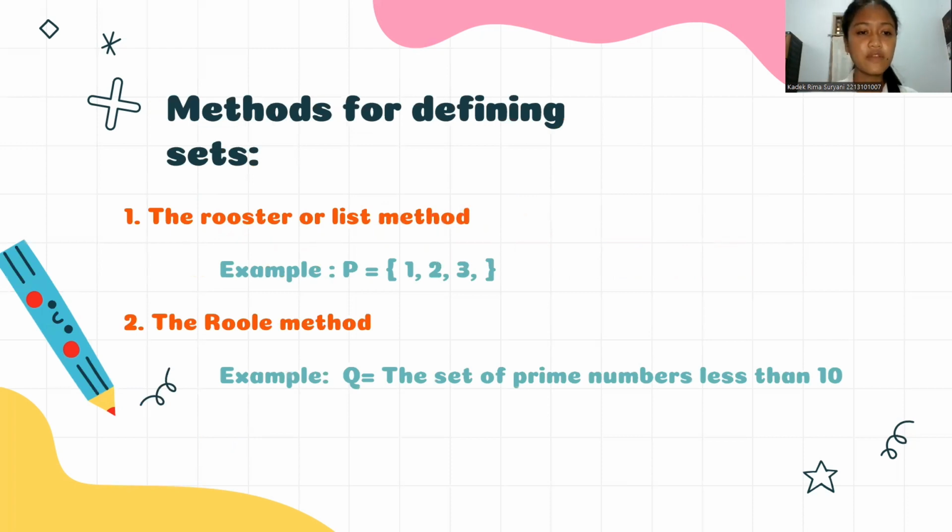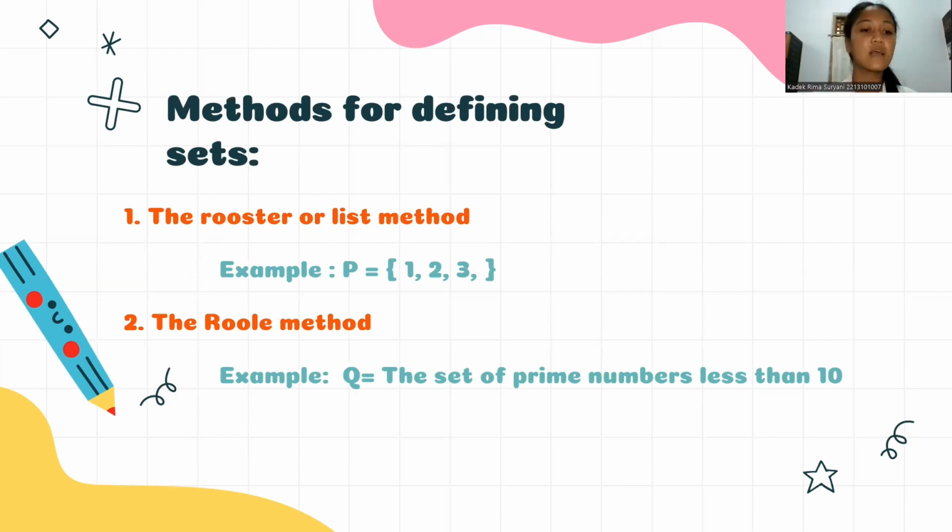For the methods of defining a set, number 1 is the roster or list method. That is by writing the members of the set in curly braces. For example, P equals curly braces 1, 2, 3. And number 2 is the rule method. The rule method or formula is to express the properties specified by the members of the set.